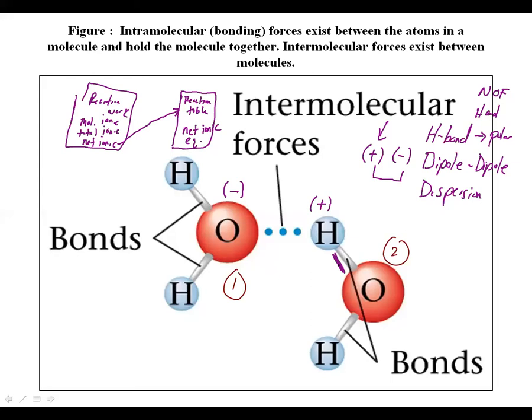And that allows that interaction to occur. And this is hydrogen bonding. This is the intermolecular force that is used by water. This bond right here is hydrogen bonding. And it is the strongest bond that we see here between everybody.